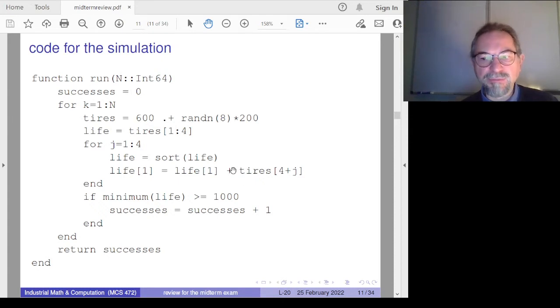When this simulation function runs, it returns the total number of successes. We're going to run this 10,000 times. If it always works, we will get the number 10,000 back, but we will see the percentage of failures in this total simulation. That will give us the estimate for the odds of finishing the race in time.